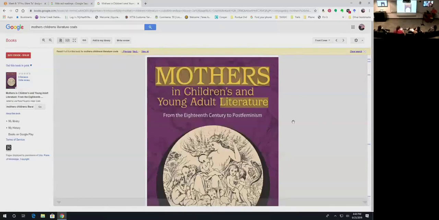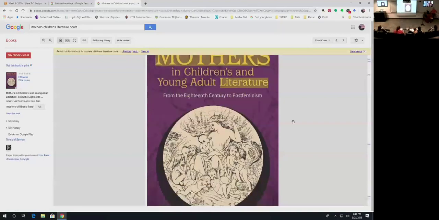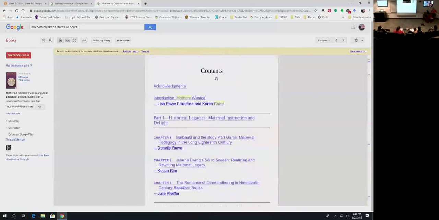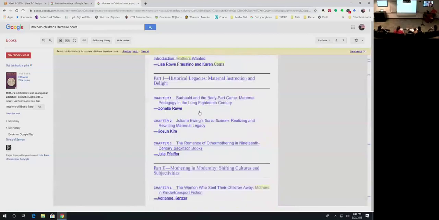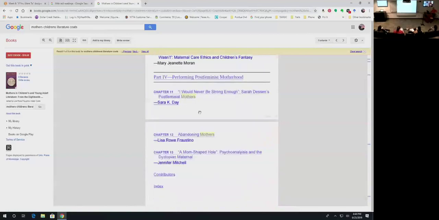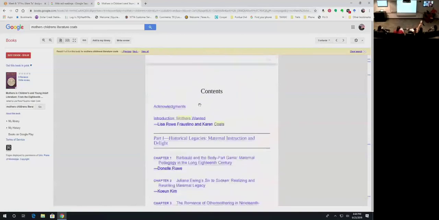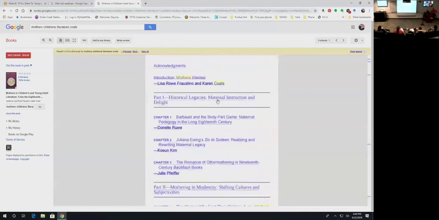Okay, so here's another one. Mothers in Children's and Young Adult Literature from the 18th Century to Post-Feminism. And here again, you'll see an introduction, mothers wanted, and then all of these other essays that go with it. They've divided it into historical legacies, maternal instruction and delight.